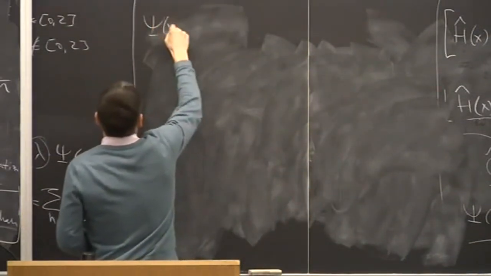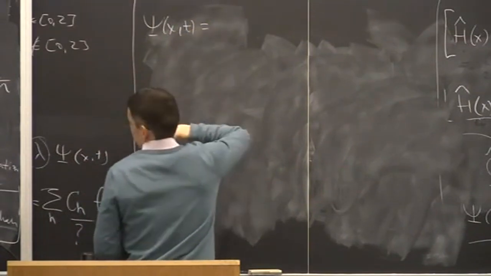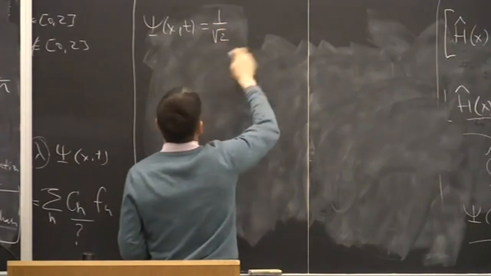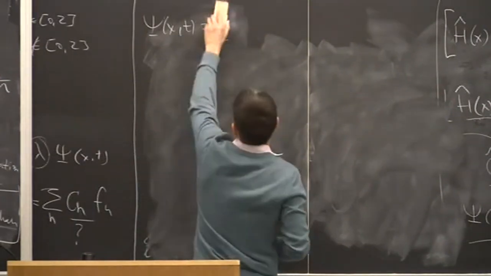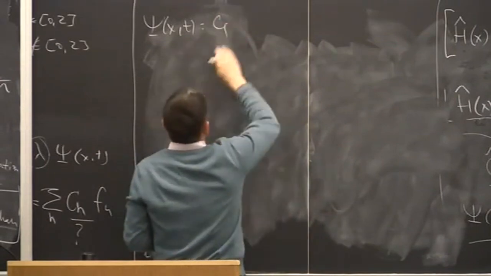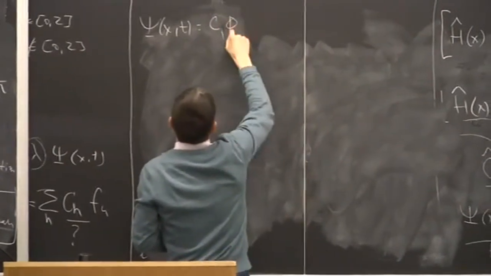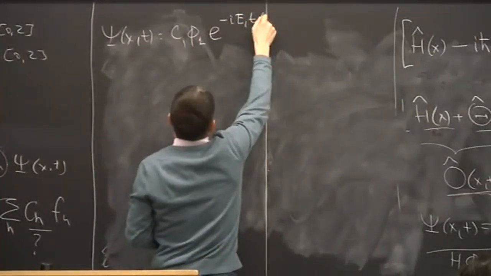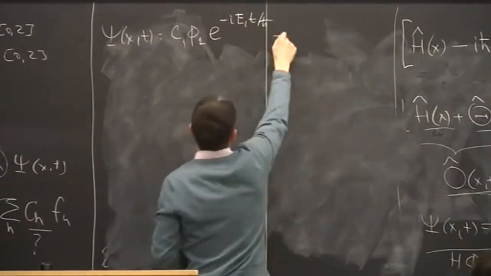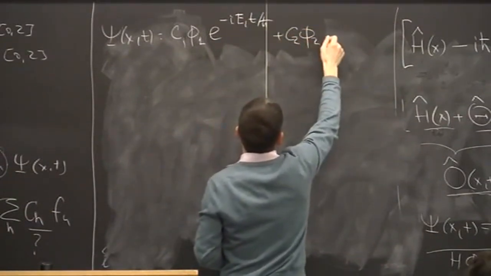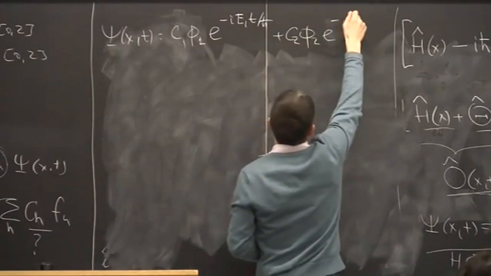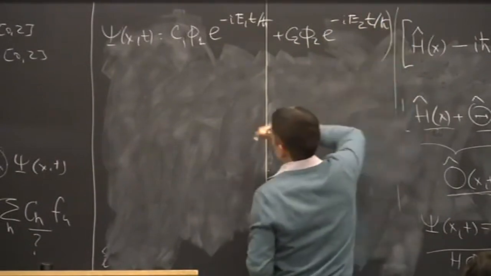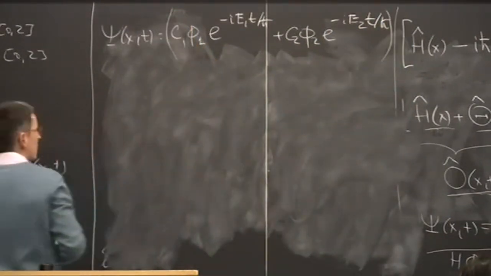So let's say our psi of x,t is C1 phi 1 e to the minus i E1 t over h bar plus C2 phi 2 e to the minus i E2 t over h bar.